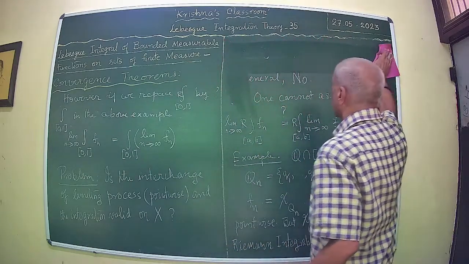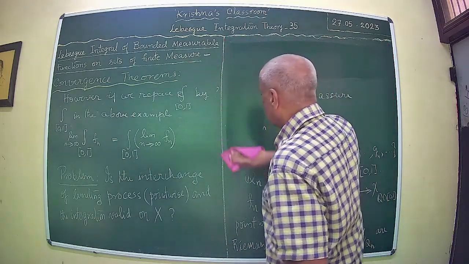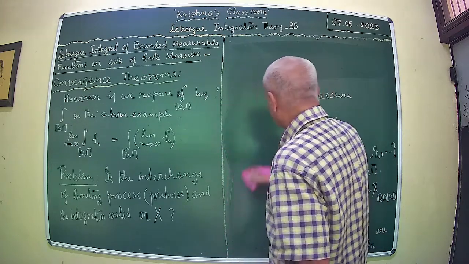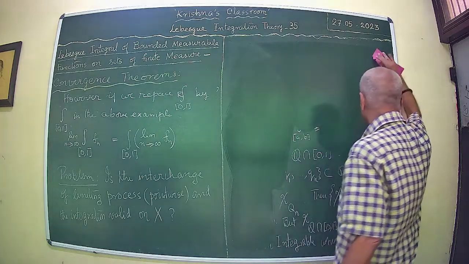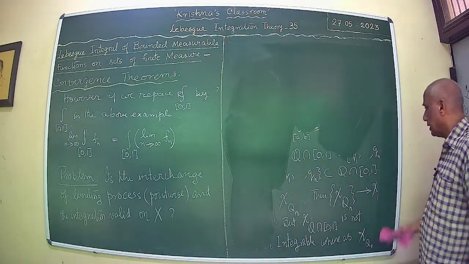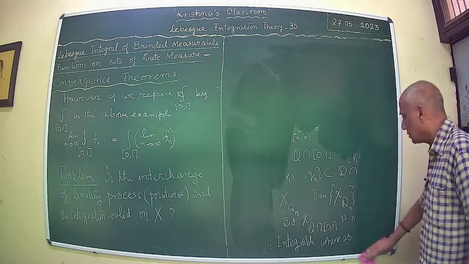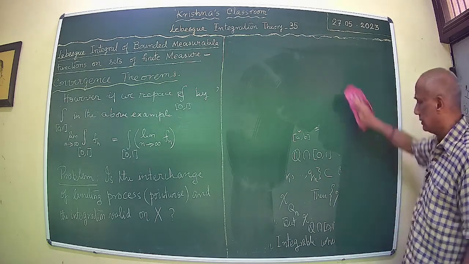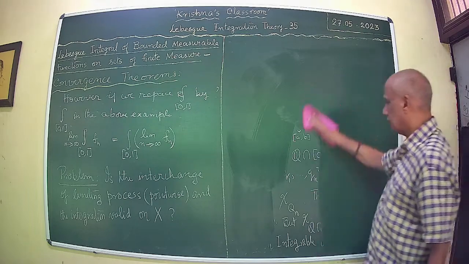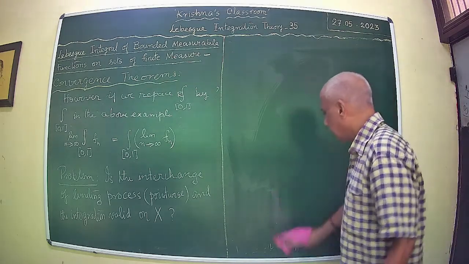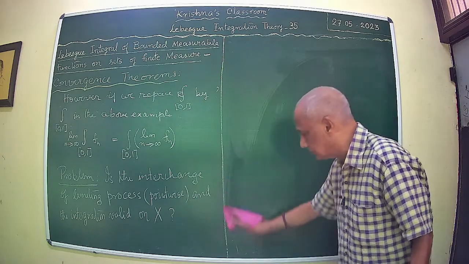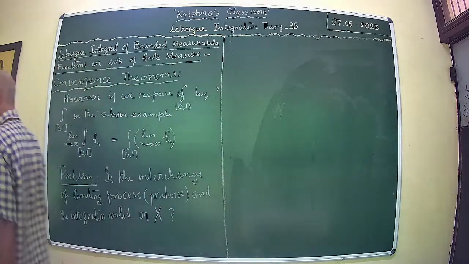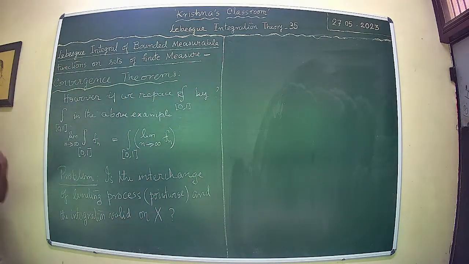How do we go about doing it? You strengthen the condition of convergence. We are talking about pointwise convergence. We first consider a stronger form of convergence, namely uniform convergence. And we prove that if there is uniform convergence, then this result is true.